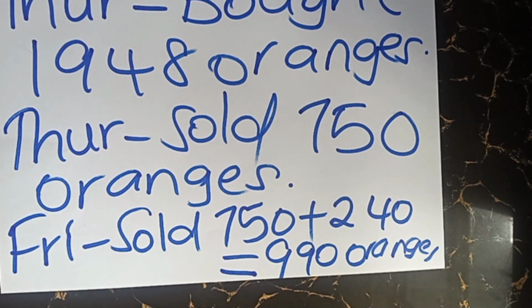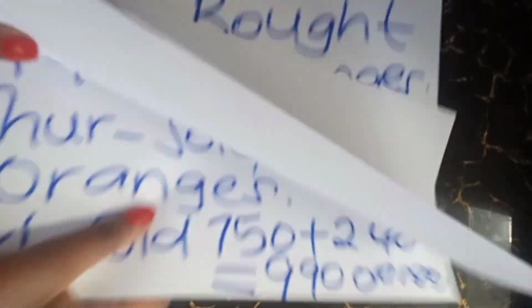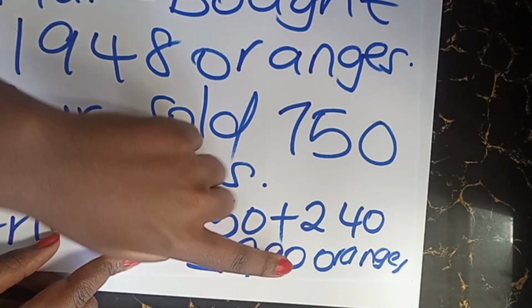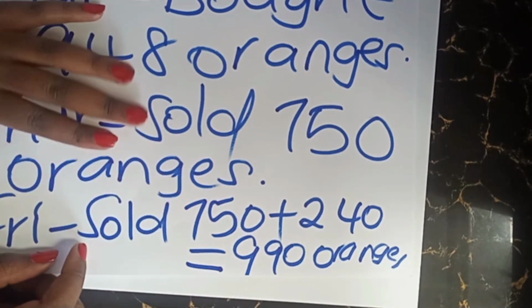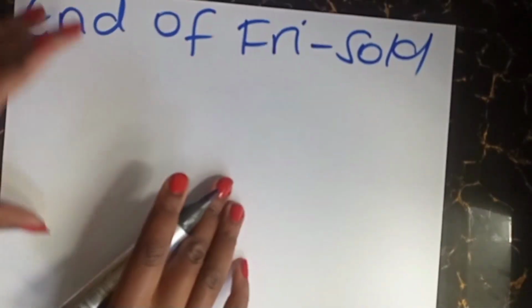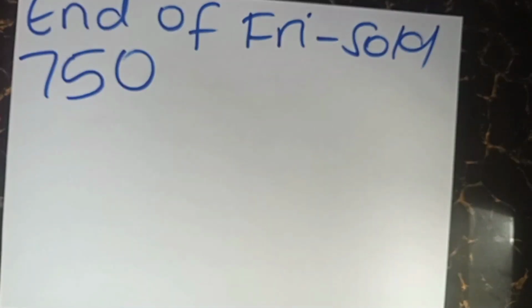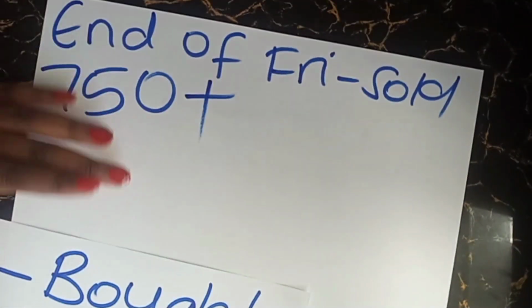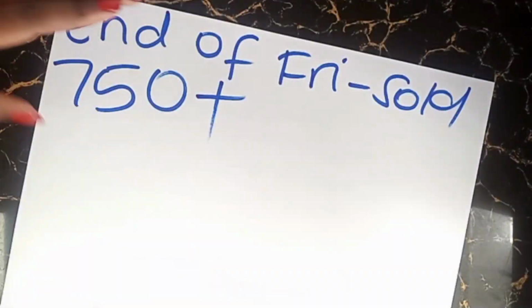In total he had sold 750 oranges, which are the oranges that he sold on Thursday, plus 990 oranges, which are the oranges that he sold on Friday.